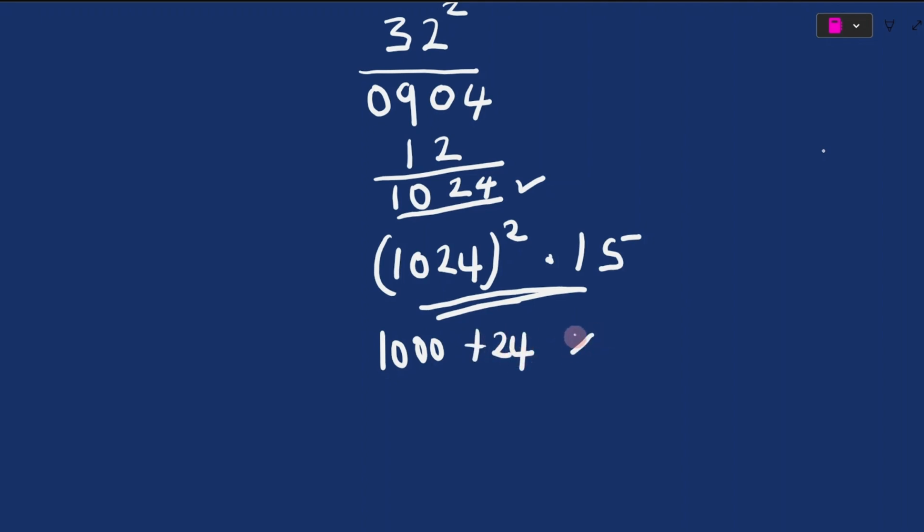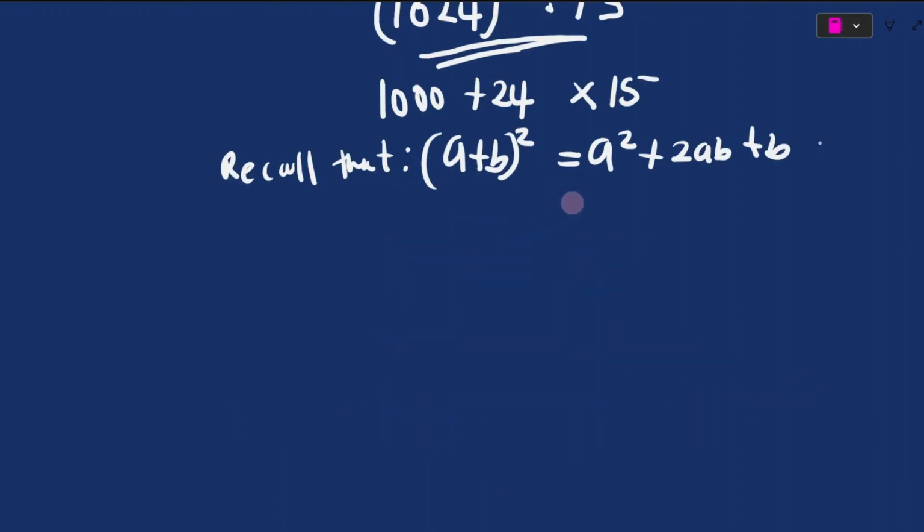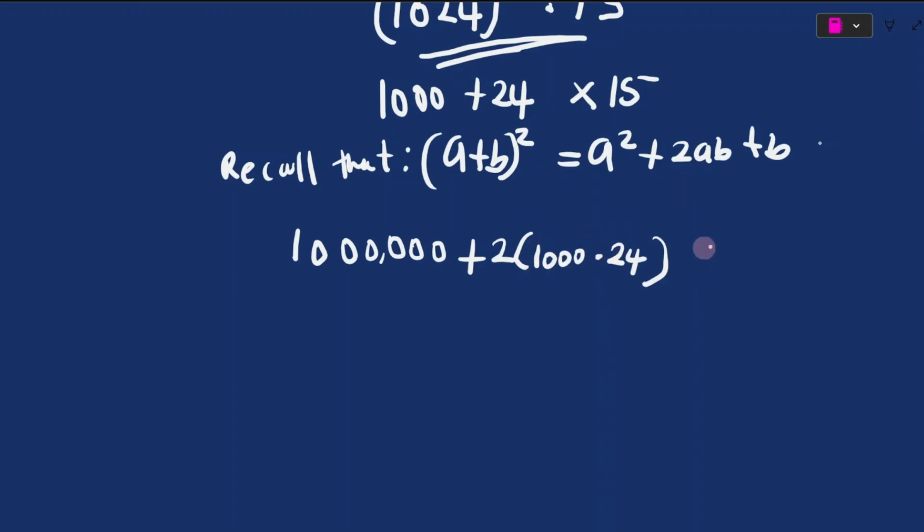Recall that (A plus B) squared is equal to A squared plus 2AB plus B squared. We have A squared to be 1000 squared, which is 1 million, plus 2 multiply A times B. A here is 1000, B here is 24.